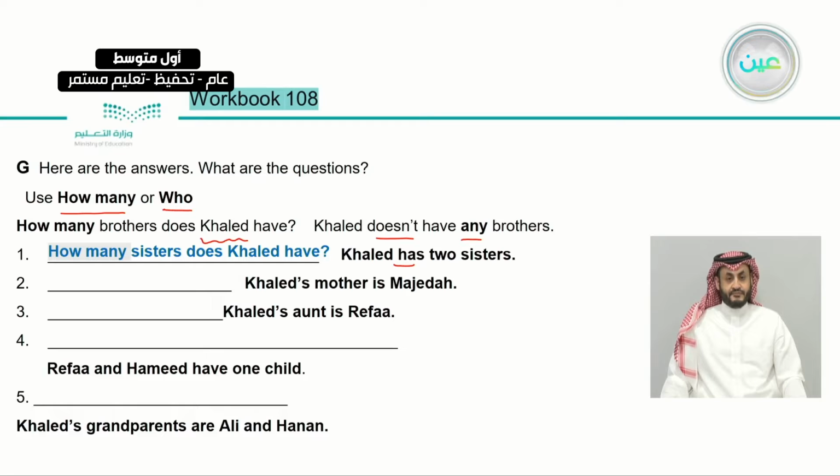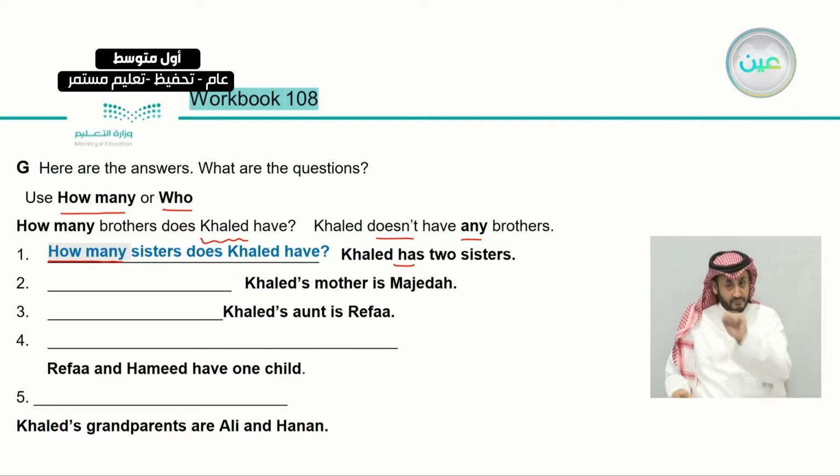How many sisters does Khalid have? I ask with the question word how many for the quantity, and then followed with the thing I want to ask about, because I'm not sure how many sisters does Khalid, followed by the verb have, then question mark.